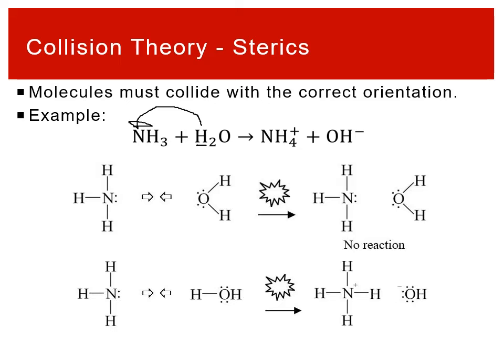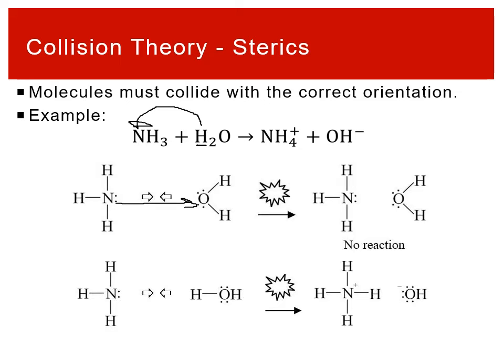So when the collision happens, if, say, this ammonia molecule collides such that the nitrogen hits the oxygen, that's not going to drive the chemical reaction. You're not going to form a new bond between the nitrogen and oxygen. You could, but that's a different chemical process. And that is not going to be successful for the particular chemical reaction we are interested in.